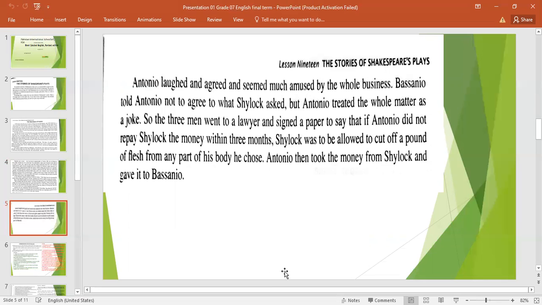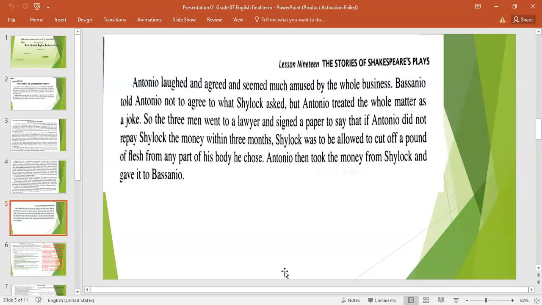Dear students, this was a passage taken from the Merchant of Venice, where three people doing business with each other, and one of them asked for money from his friend, and at the present time, his friend doesn't have the money to give to him, and then he buys that money from another miser person, and he agrees to a condition which in the end will not be good for him.